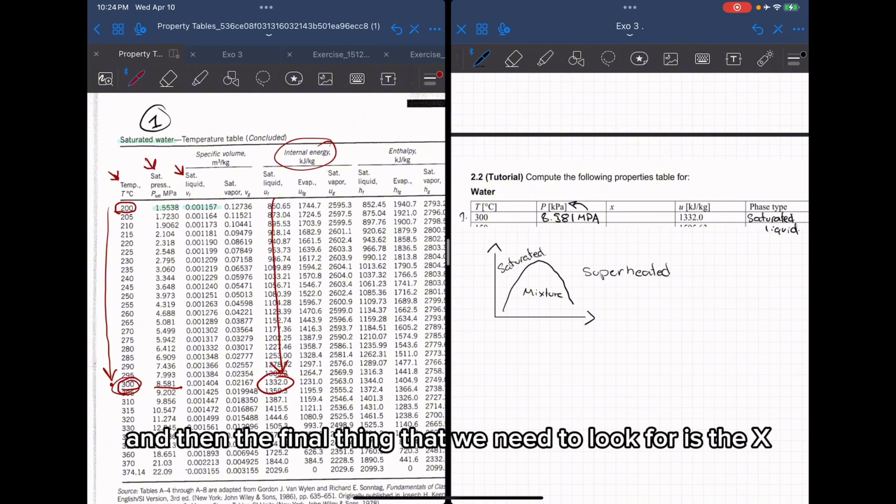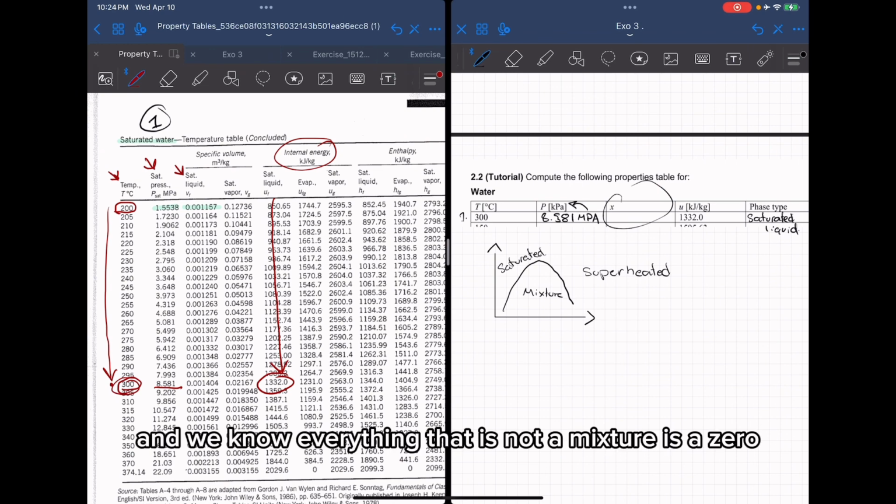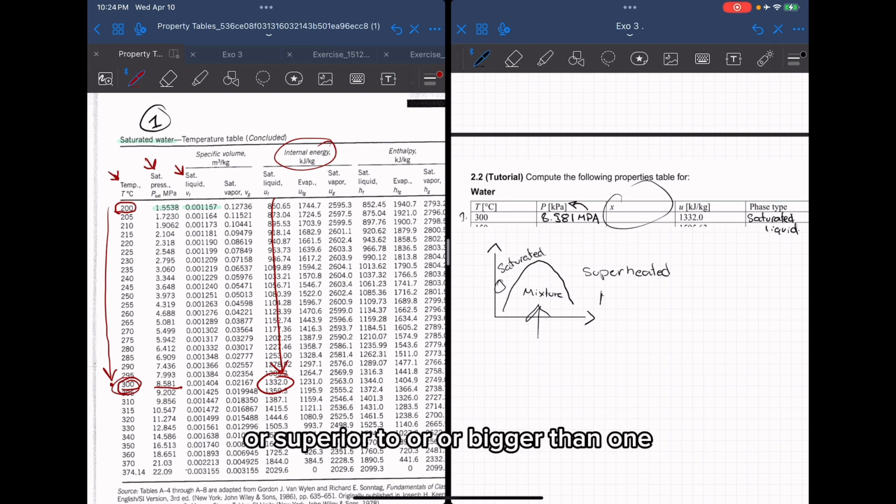And then the final thing that we need to look for is the X, the quality. We know that everything that is not a mixture is either 0 or 1. So in this case, X is going to be 0.